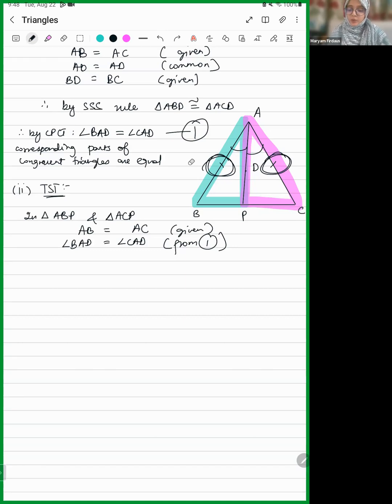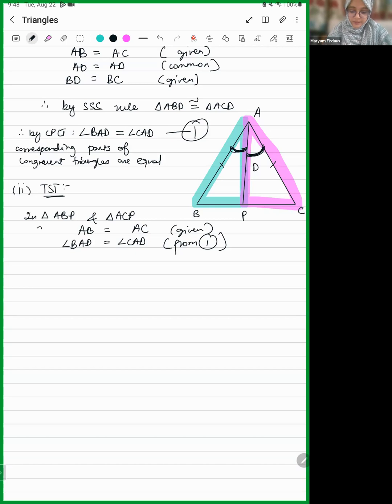And then we are going to use these two angles over here, which we have just proven. That is why we have written from equation 1, because it wasn't given to us in the question. We have proven that angle BAD is equal to angle CAD from 1.